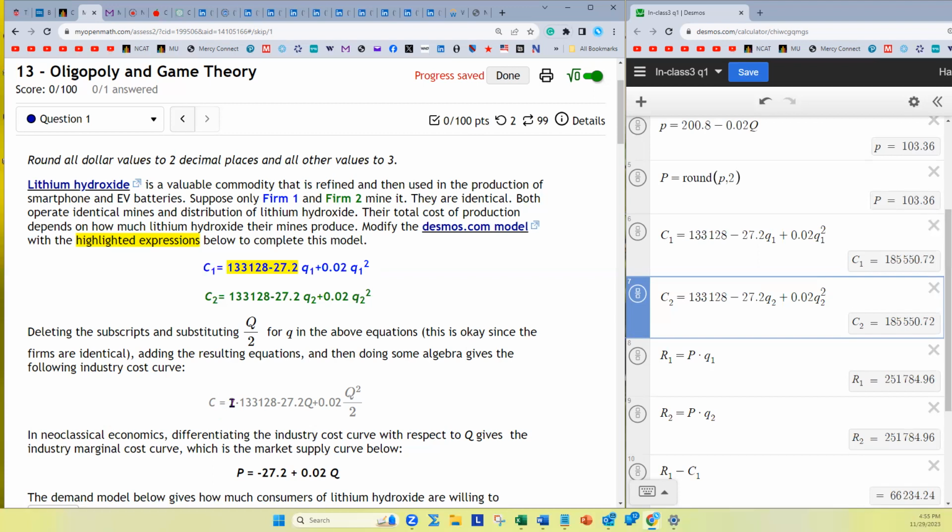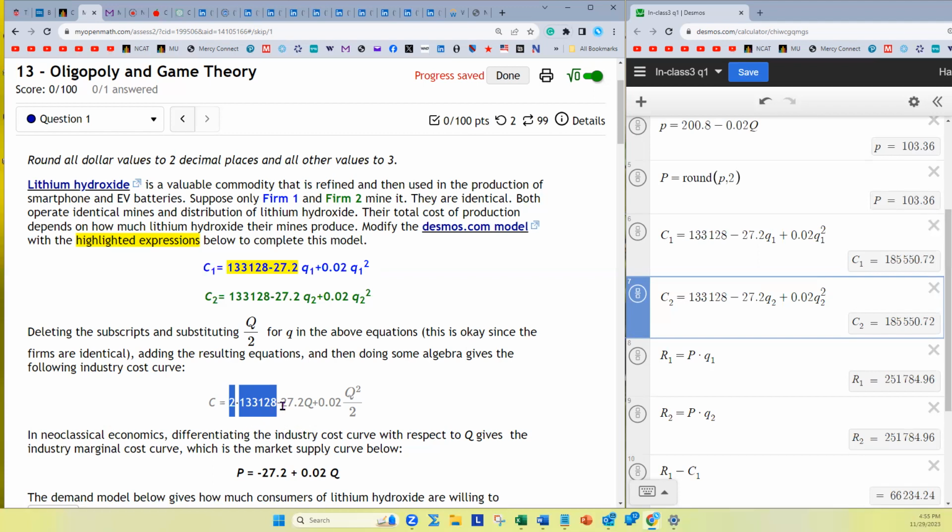Notice there's a 2 times each firm's fixed cost. This right here is the firm's fixed cost, right? So all we're doing is adding this fixed cost to that fixed cost, which becomes 2 times that fixed cost.